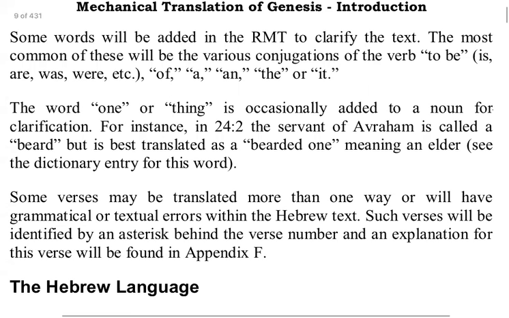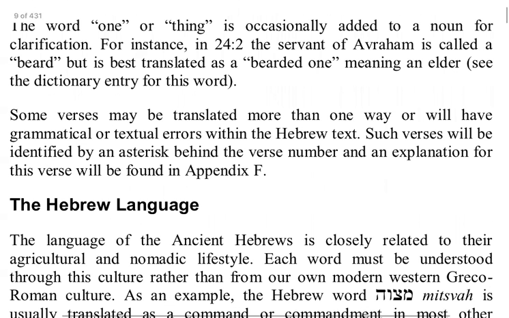Some words will be added in the RMT to clarify the text. The most common of these will be the various conjugations of the verb to be, or in brackets here, is, are, was, were, of, a, and, the, or it. The word one or thing is occasionally added to a noun for clarification.